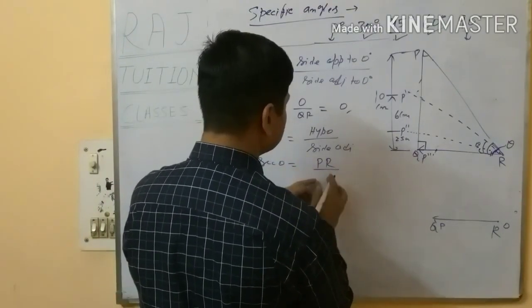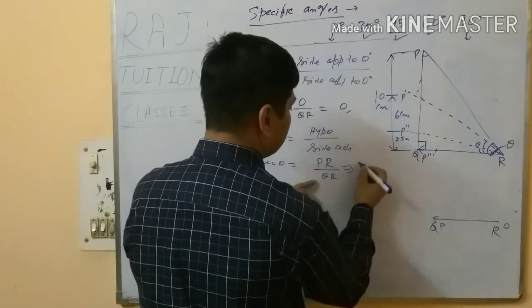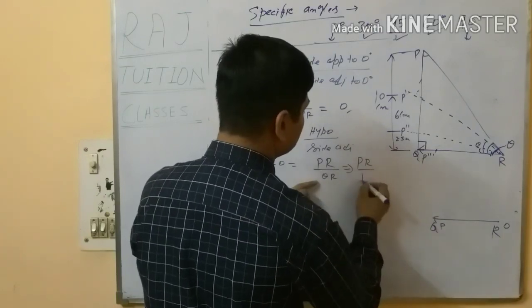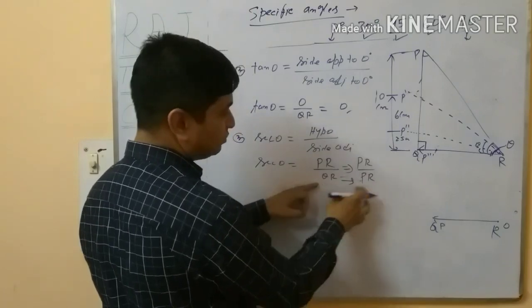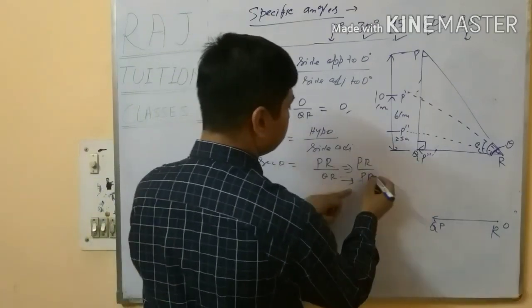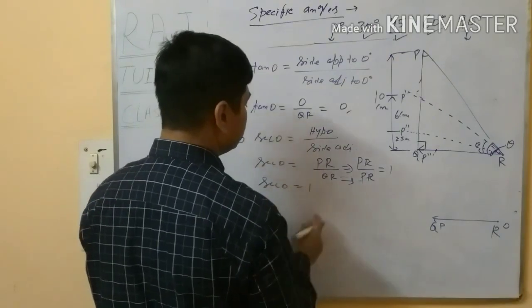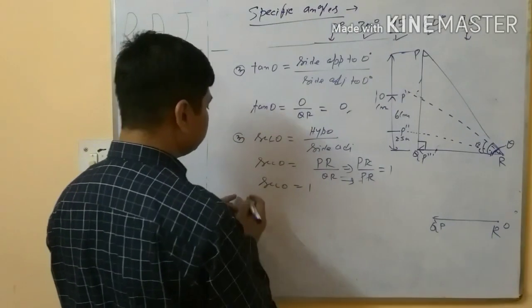PR. And what is side adjacent? It is QR. And PR equals QR. So PR over PR, it may also be written as PR over QR, because these are same now. So the value of sec 0 is 1. You can also find it out by reciprocating the value of cos 0.